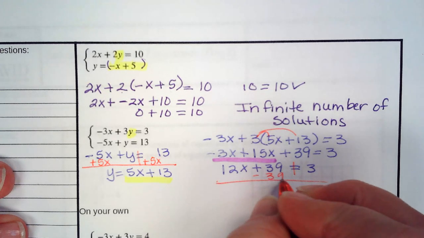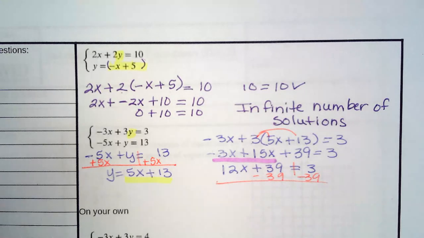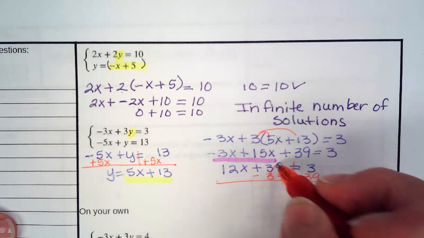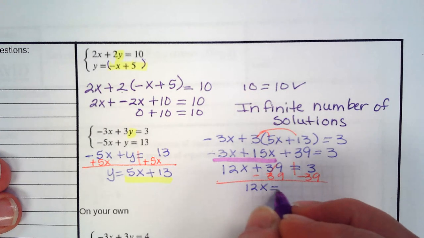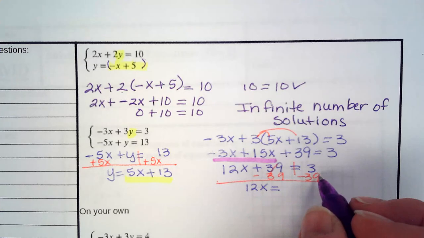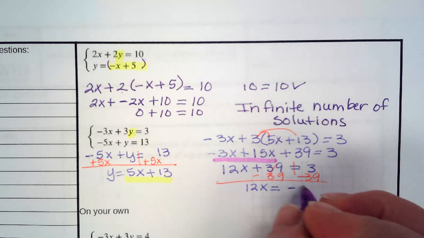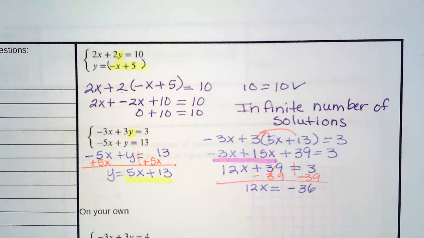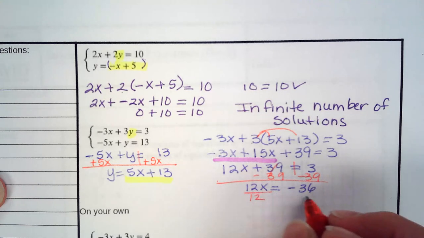Subtract 39 from both sides. 12x is equal to negative 39 plus 3. I'm at negative 39. I go 3 up the number line, and I'm at negative 36. Last step is to divide both sides by 12.